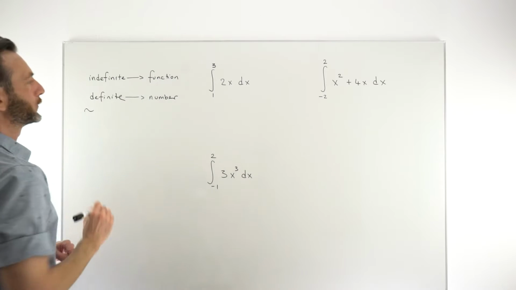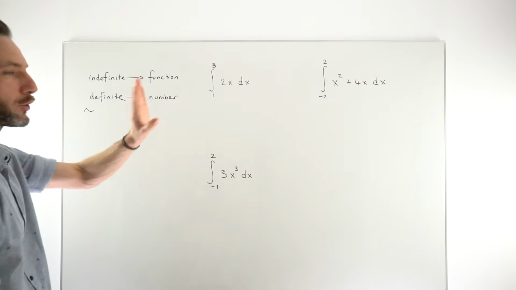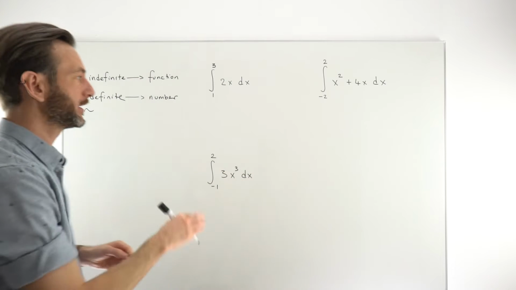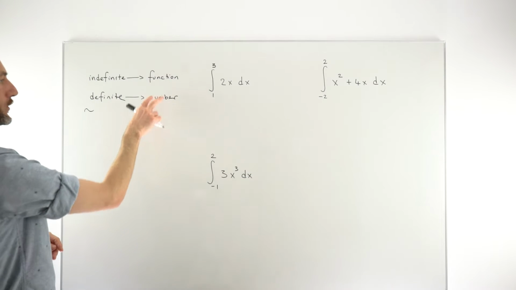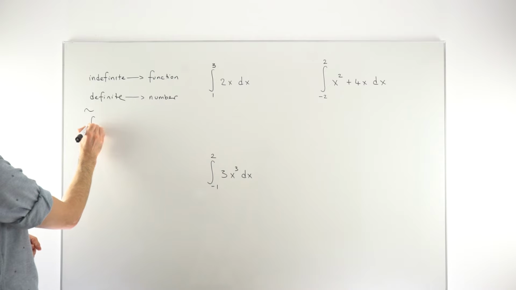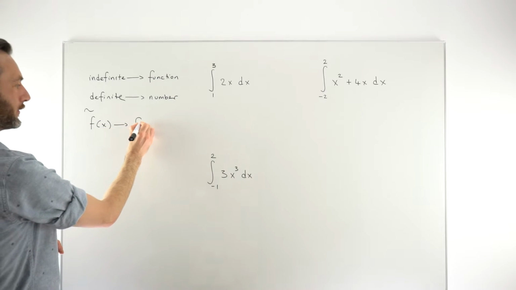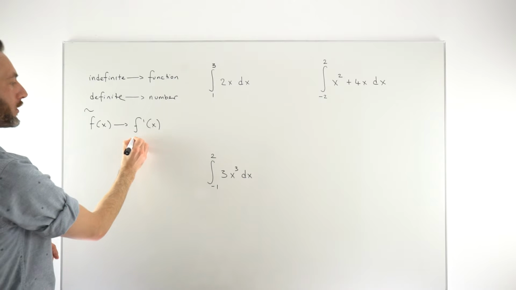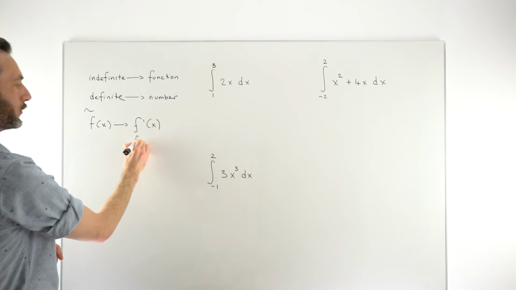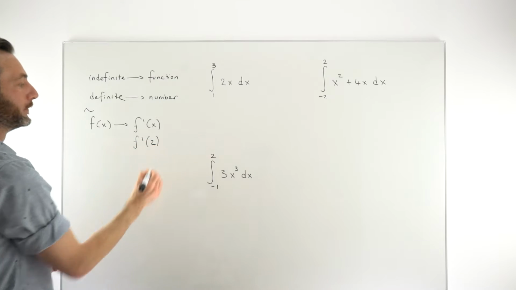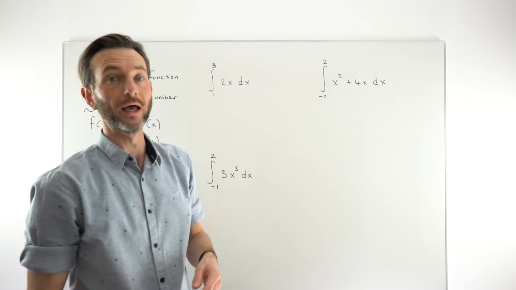Just starting to build upon this idea, I should say that in the previous class I made the connection between these two and the difference between, say, f of x turning into its derivative f prime of x, or then taking some numerical value like f prime of 2 and substituting that into the derivative.